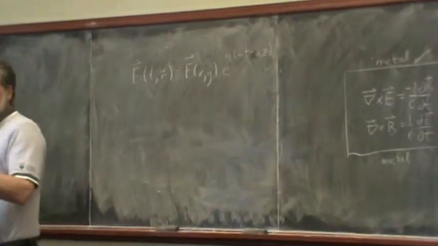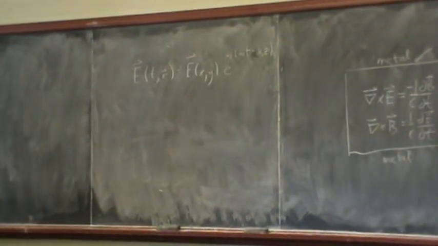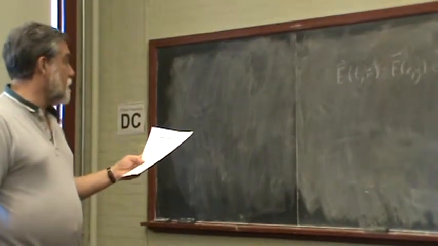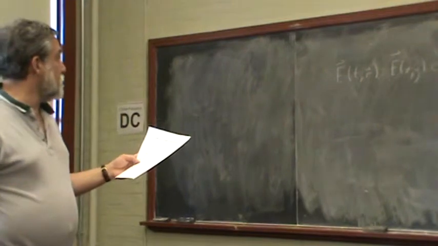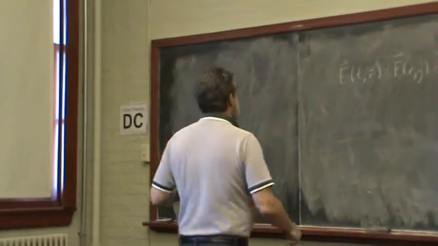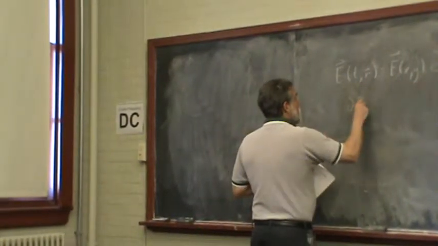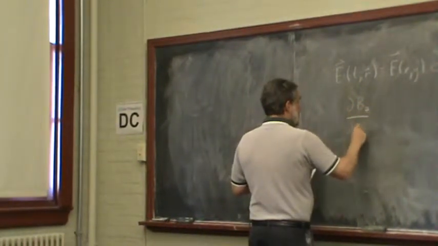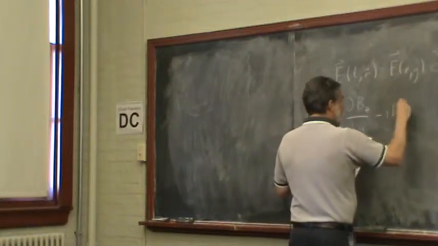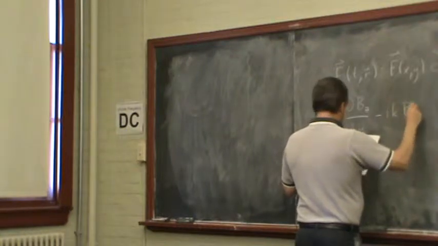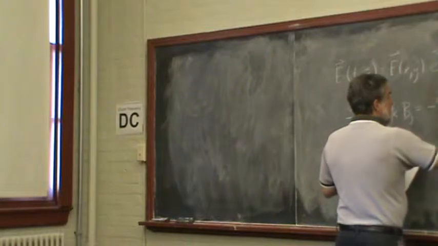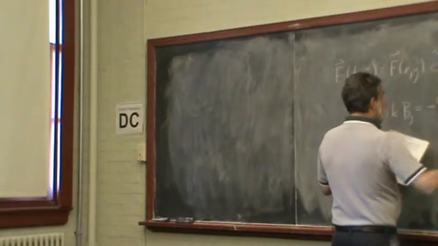So, in my notes, I have written then the 6 equations. And I am going to write out a few of them. dBz/dy, these are curl, minus i k dy equals minus i omega over c Ex.